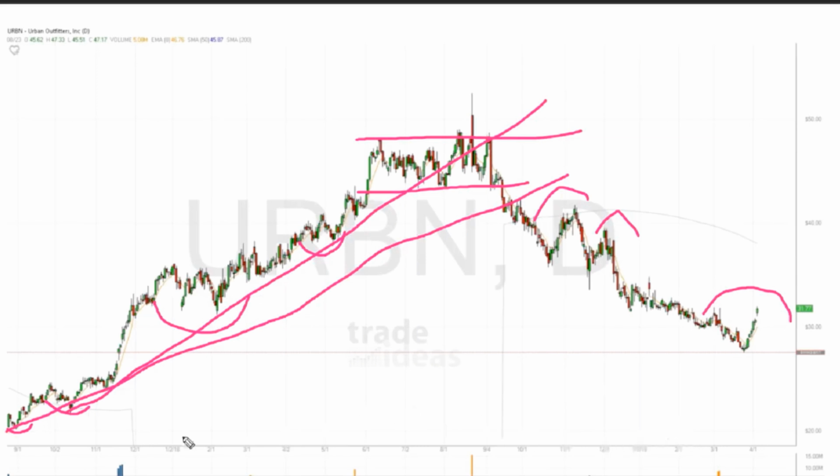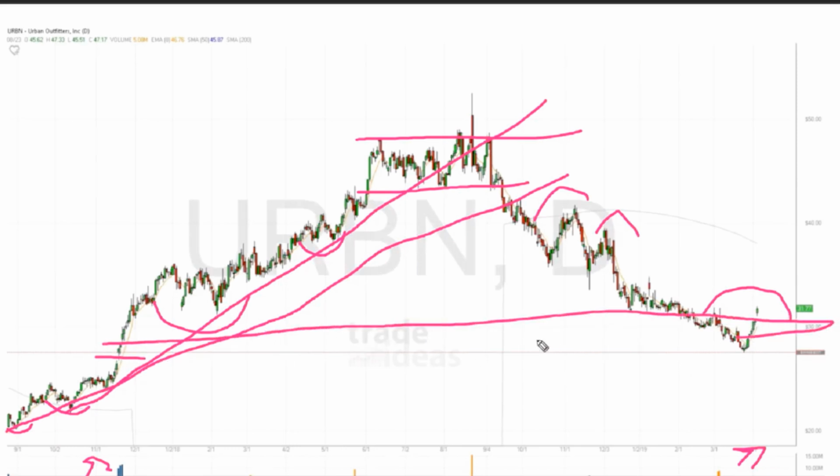If, as an investor, you just bought this stock, Urban Outfitters, here around $30 and held it, and this is from November until a couple days ago, really not a whole lot's happened. It's gone from 30-ish to 30-ish. Whereas for a trader, there was a clear uptrend to ride. There was an area where these higher lows stopped.